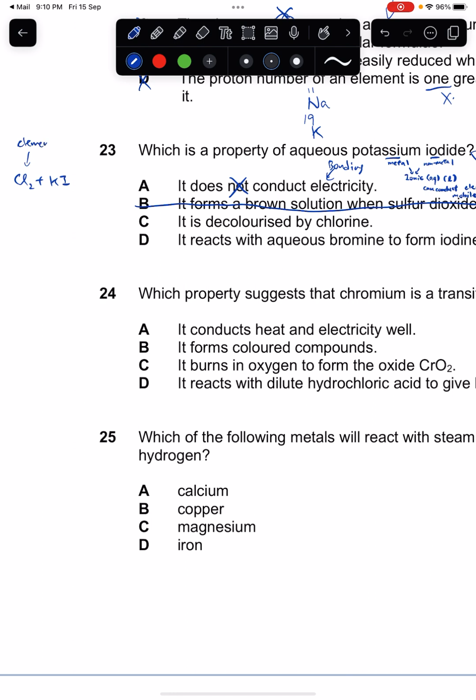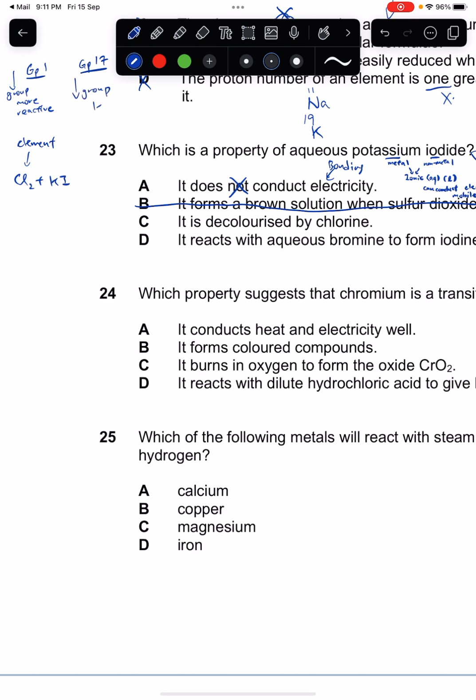And I said before, usually if there is an element involved, there's a decent chance that it could be a displacement. So just now, I went through that group 1, down the group, more reactive. Now you talk about group 17. From metal to non-metal, of course it should be the opposite, right?